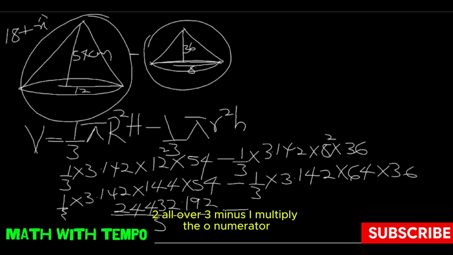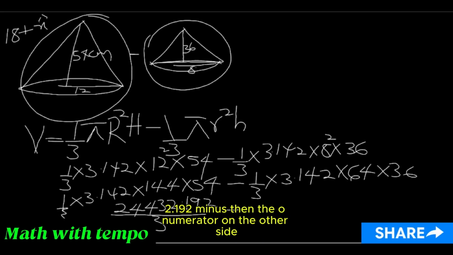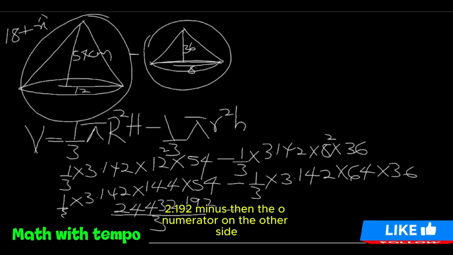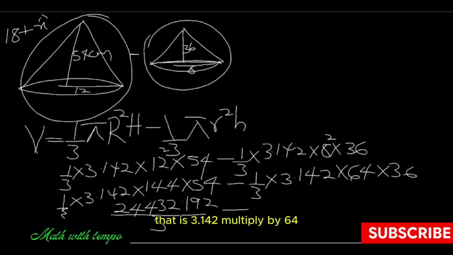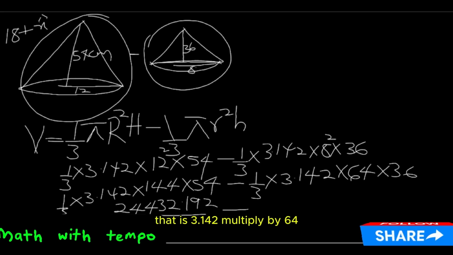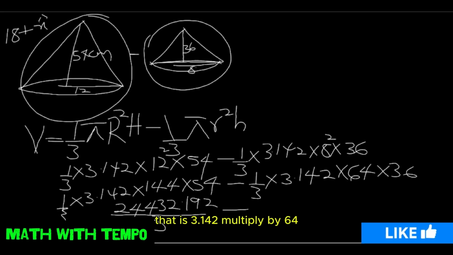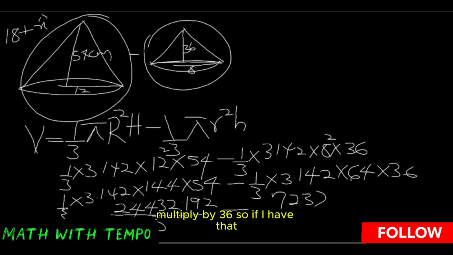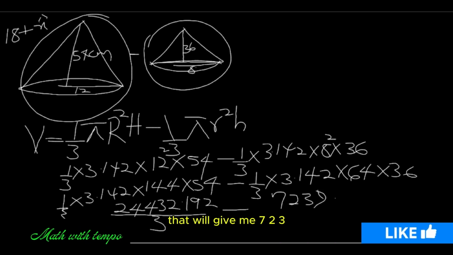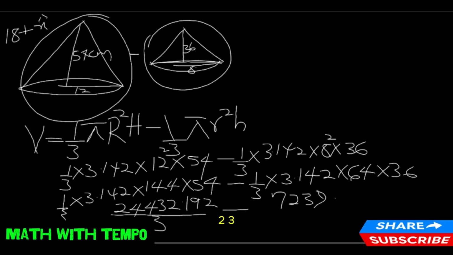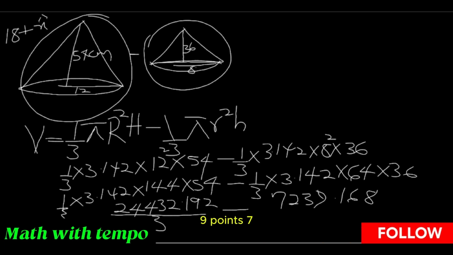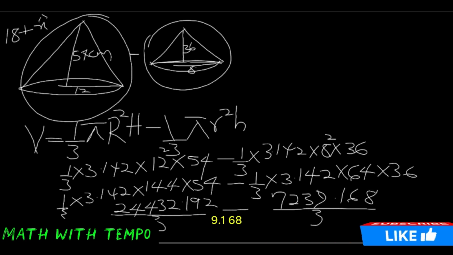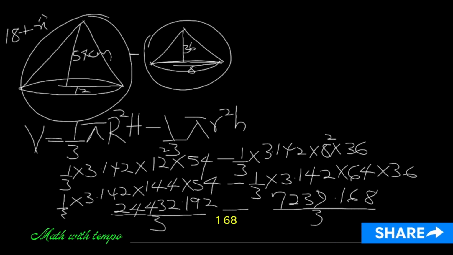Minus, I multiply the whole numerator on the other side, that is 3.142 multiplied by 64 multiplied by 36. If I have that, that will give me 7239.168.